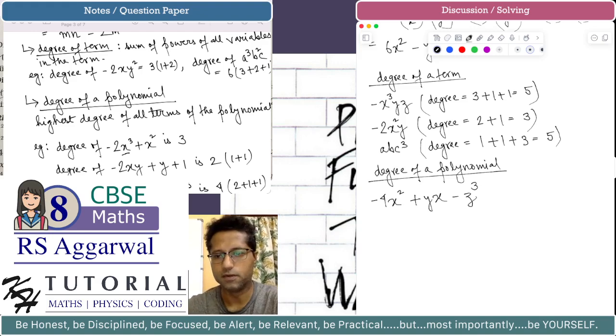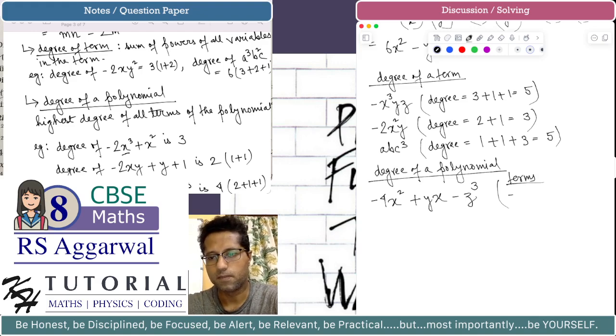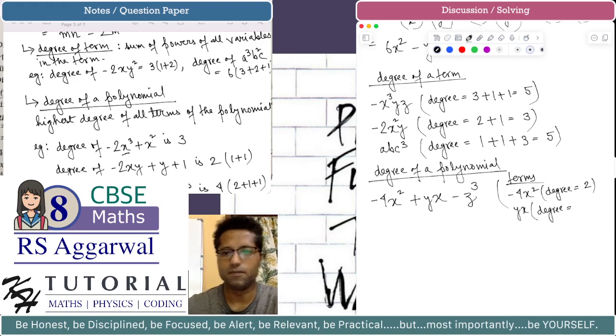So we have three terms. The terms are minus 4x square. Degree of this is the power of the variable x, that is 2. And we have the term yx, the degree is the sum of the powers of the variables x and y.